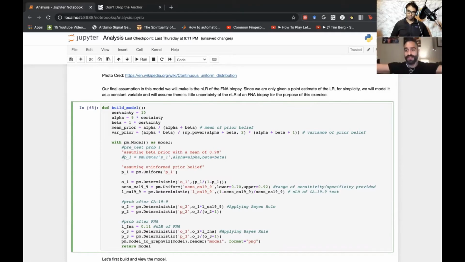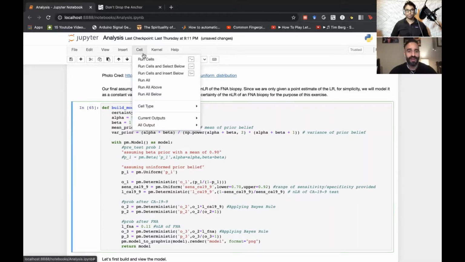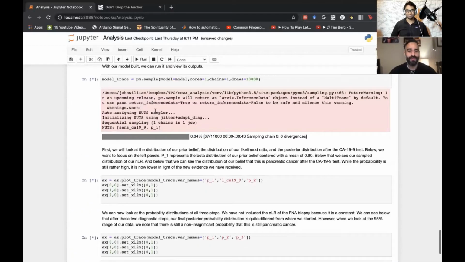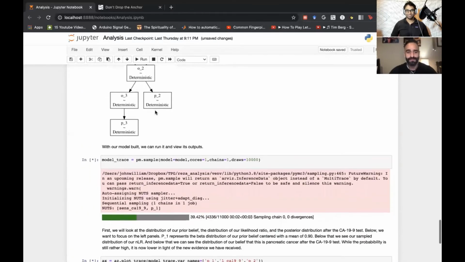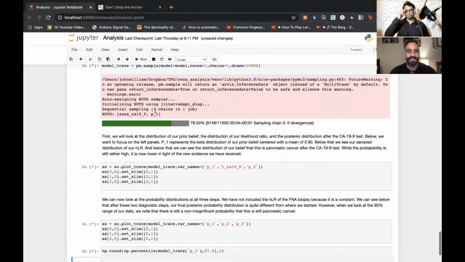All probabilities are equally likely for this patient. So we do that by just changing this one line of code here. We'll comment out this line and replace it with this line. We'll rerun all below, and we'll see our results. I'll give that a quick second.